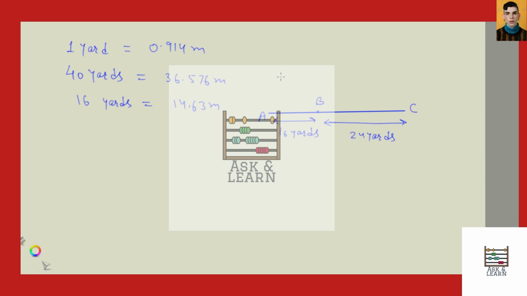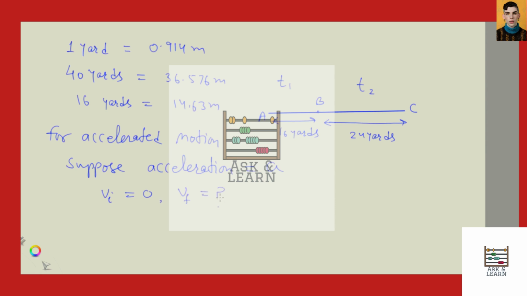The motion is resolved into two parts, A to B, accelerated motion, and from B to C, uniform motion. Suppose he takes time t1 here for the accelerated part of the motion, and he takes time t2 for the uniform motion. So, first of all, for accelerated motion, suppose acceleration, which is missing, is A. Hence, initial speed Vi is 0 as he starts running from point A. The final speed achieved at B, that is also unknown.